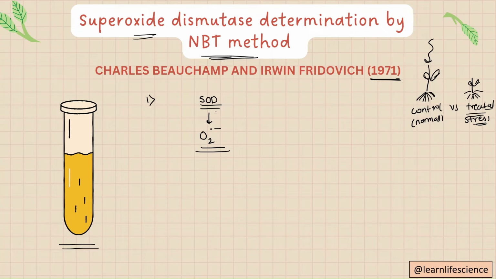So if you want to determine the activity of any enzyme, you are going to need its substrate. That's why the first need of this method is the generation of superoxide radicals. You will have to firstly generate superoxide radicals, then you can expose them to your enzyme in order to carry out the estimation method, by which you can determine the activity.